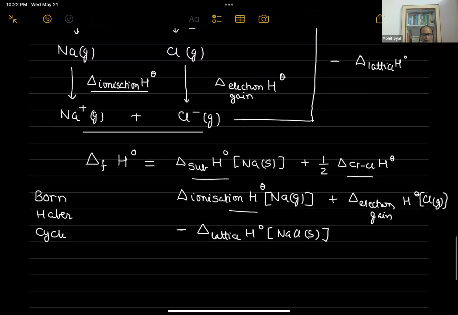It is basically the same as Hess law only. You put these values in and you will get the value for the enthalpy of formation of NaCl.